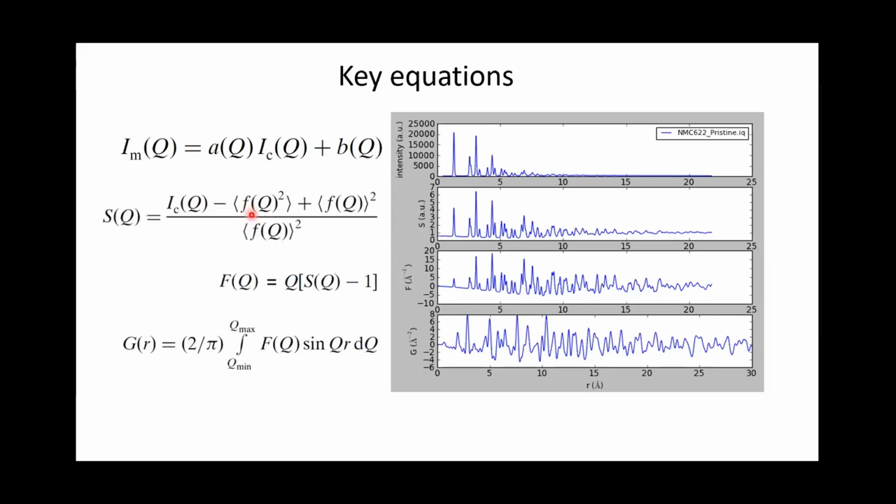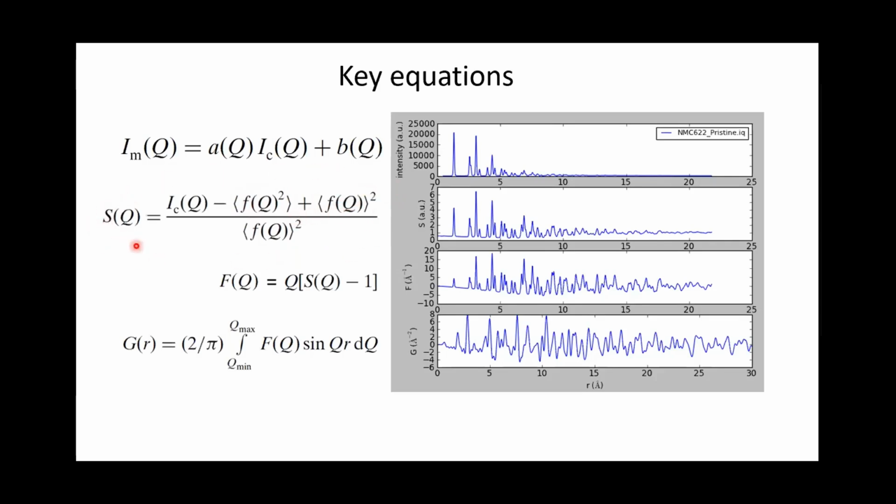Let's say we measure lithium oxide, then we know the ratio between the elements. With that ratio and the other atomic elements, we can compute the average scattering power of your sample, and those terms come into play in this equation.